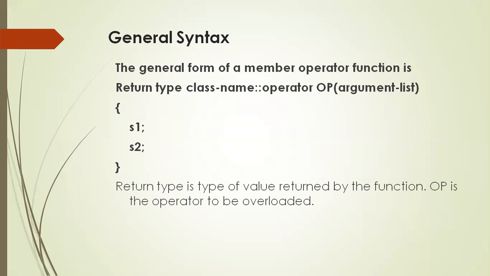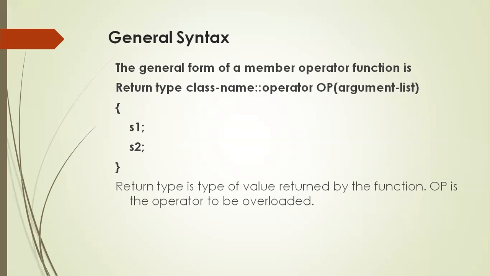Similarly, we are overloading the greater than operator to compare two dates. Whenever you give two dates, the system compares them using the greater than operator. If the first date is greater than the second date, it returns 1. If the first date is not greater than the second date, it returns 0. In this case, the return type is 1 or 0, meaning int.